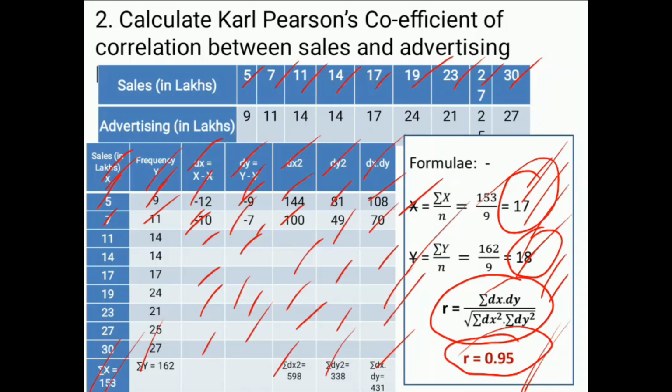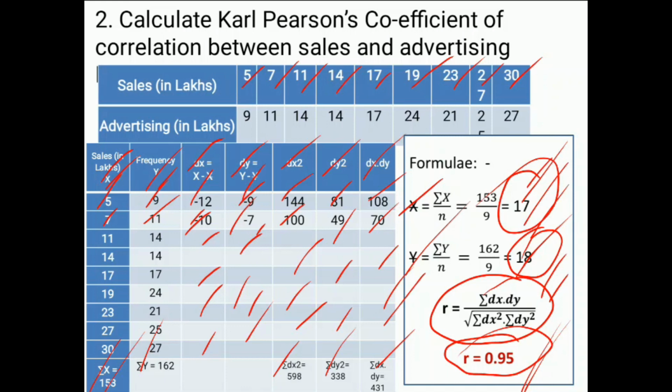In case you get a negative answer, there will be a negative relationship between the two variables, meaning that as variable x increases, variable y decreases. But here the increase in one variable leads to an increase in the other variable. That is why it is a positive relationship.